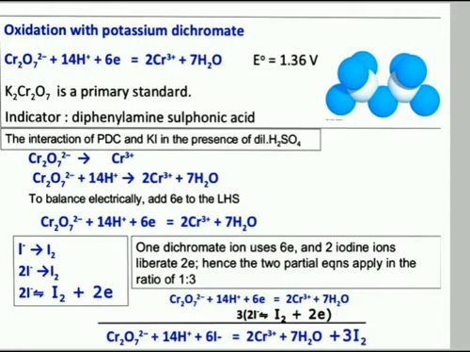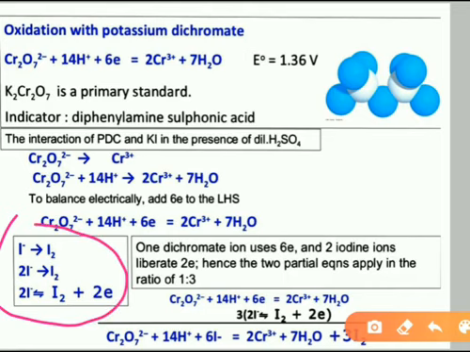This is called an oxidation reaction because it undergoes loss of electrons, whereas the dichromate undergoes gain of electrons, so this reaction is a reduction reaction.